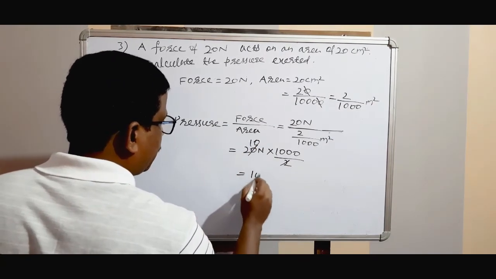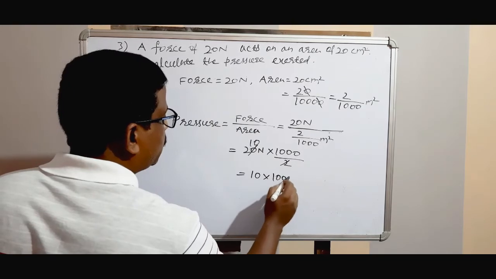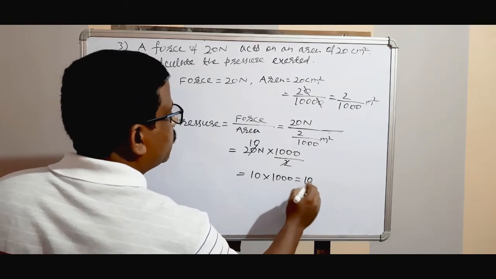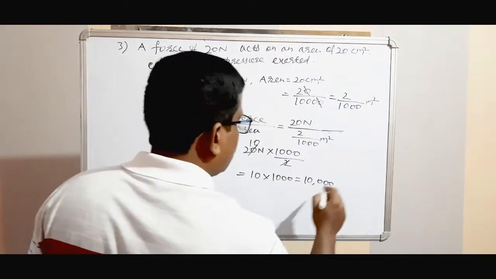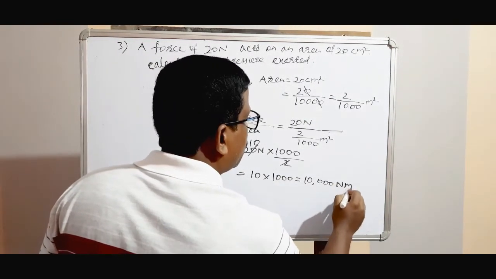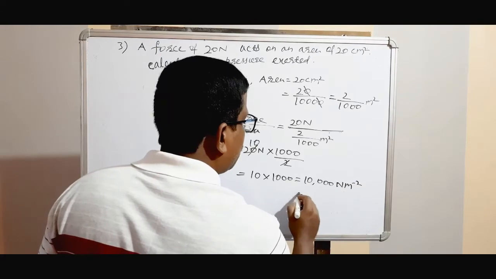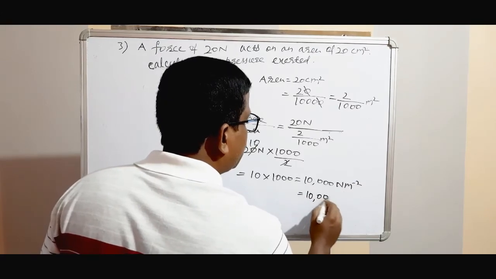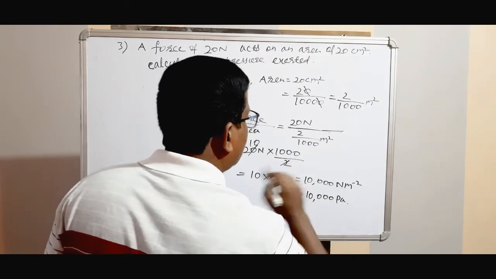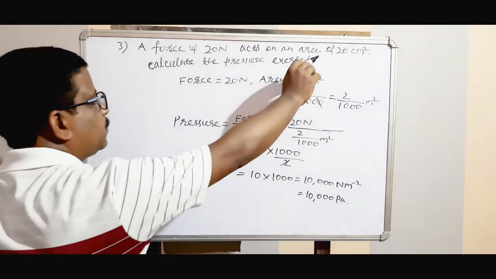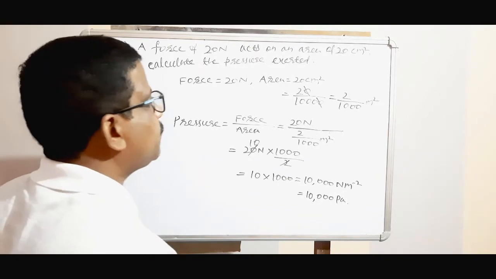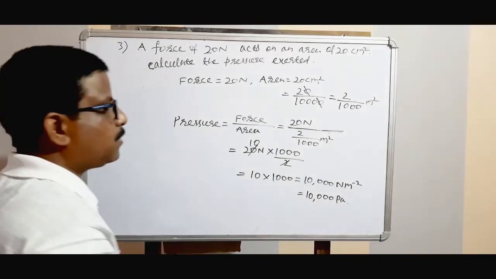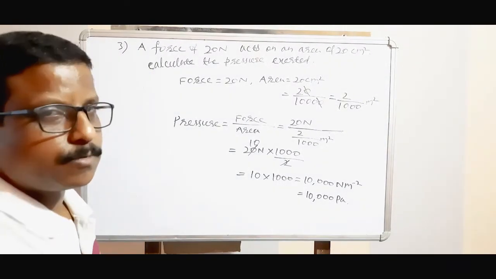So it will be 10 into 1000, that is 10,000. The unit is Newton per meter square, or 10,000 Pascal. Understood? If you make only one mistake and do not convert to the same unit, then the whole problem is wrong, and you will get 0.